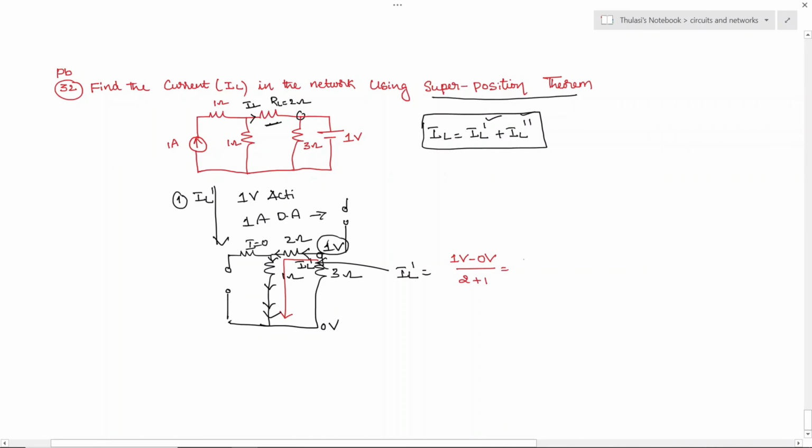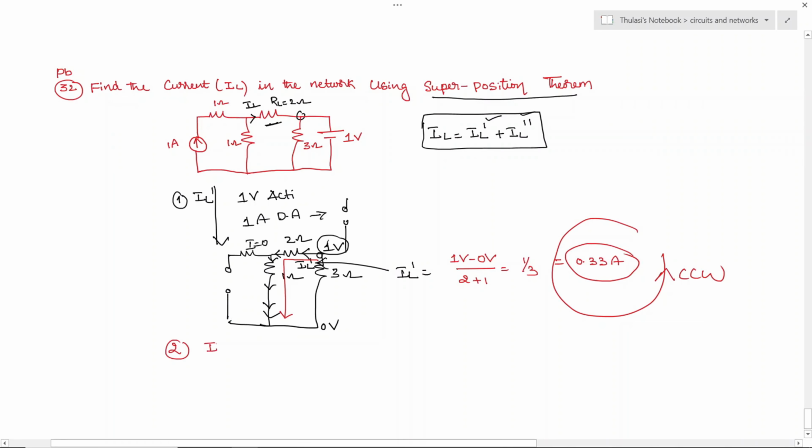So that is equal to 1 by 3. This is the value of 0.33 amperes, which is flowing in the counterclockwise direction.